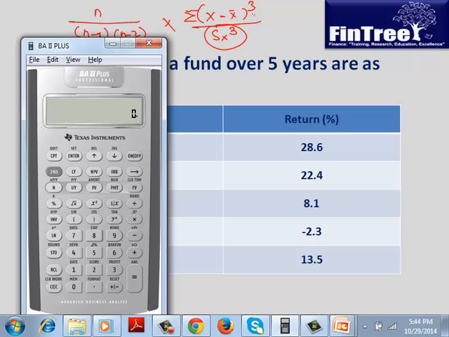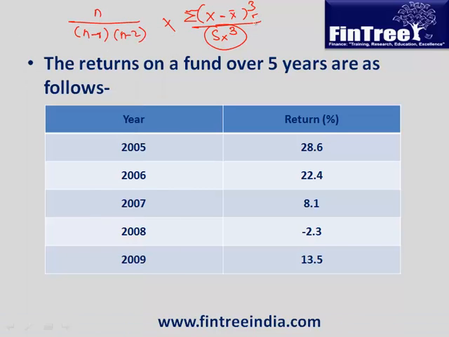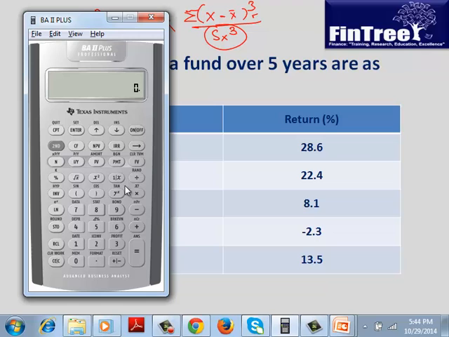Now what we need is this, which is x minus x bar raised to 3. So 28.6 minus RCL 9, where we have stored the mean. This value raised to 3, STO 1.